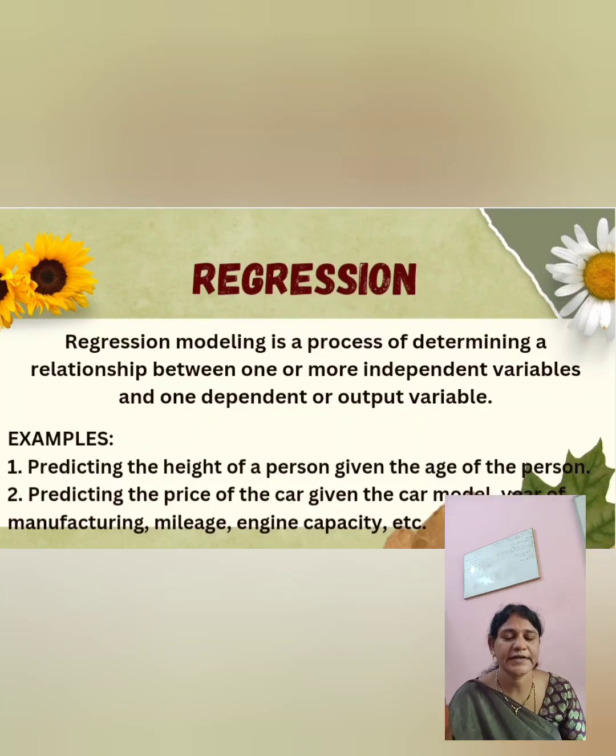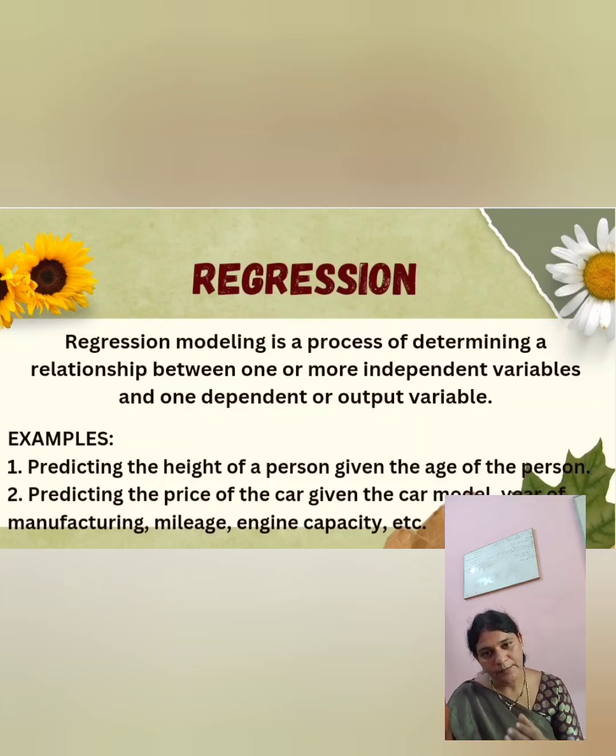Another example of regression is predicting the price of a car, given the car model, year of manufacturing, mileage, engine capacity, etc. In the first example we took only one independent variable, but in the second example we take many independent variables.